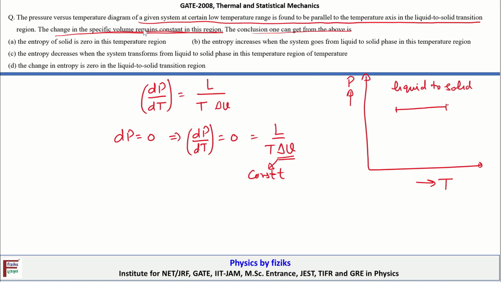So that means delta S upon delta V is equal to 0 because delta P is equal to 0. So delta S is equal to 0 when this liquid to solid transition is taking place.